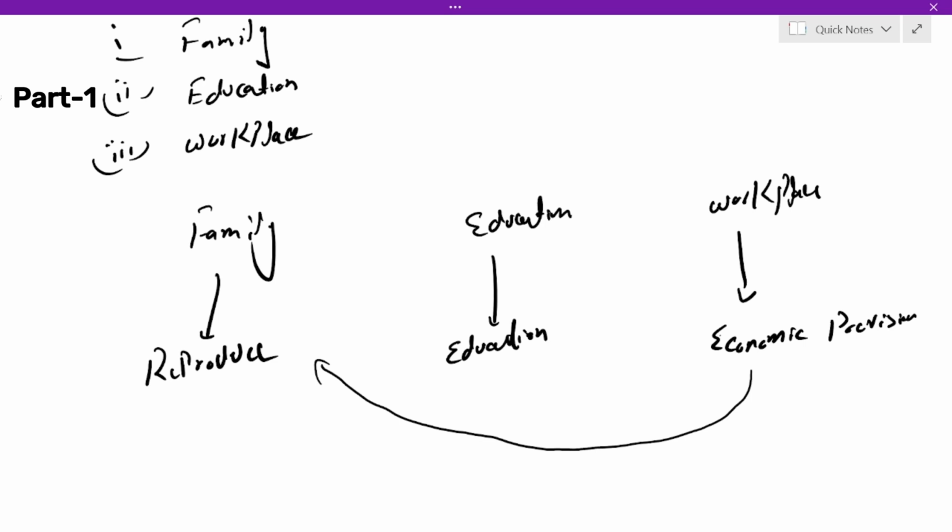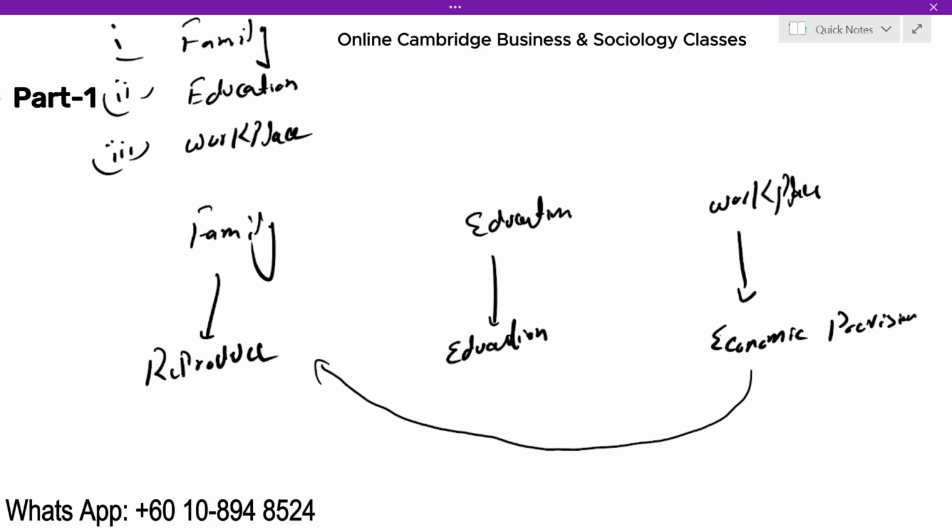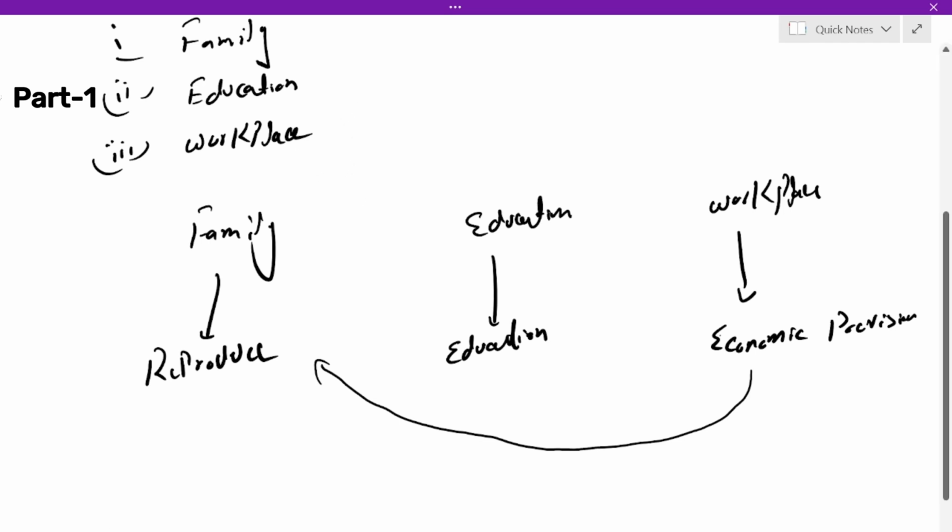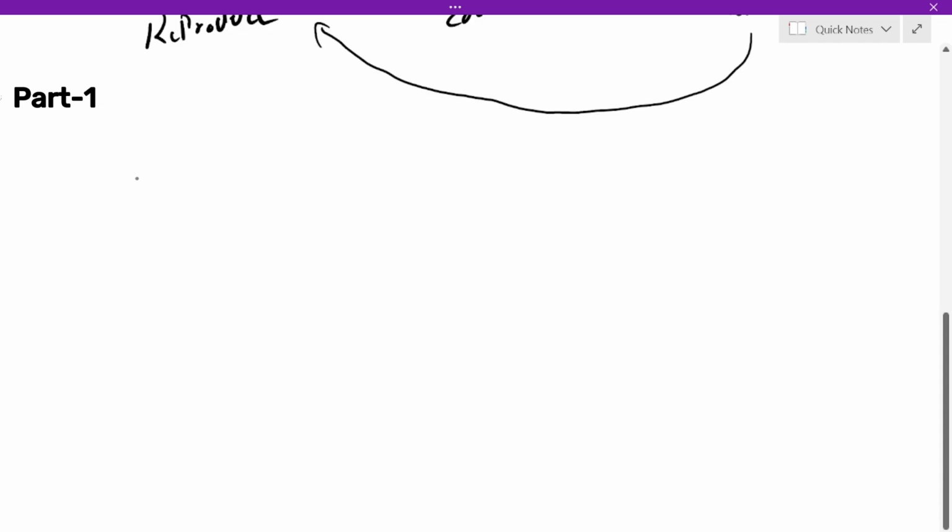If any one institution is not performing well, will the institutions on either side of education be disturbed or not?